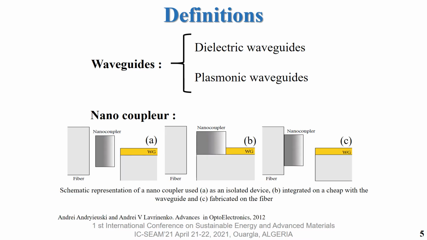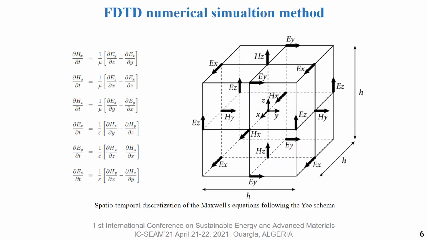The nanocoupler could be used as an isolated device integrated on a chip with the waveguide or fabricated on the fiber. The coming simulation results have been carried out using the finite difference time domain method based on the spatio-temporal discretizations of the Maxwell's equations following the Yee scheme.